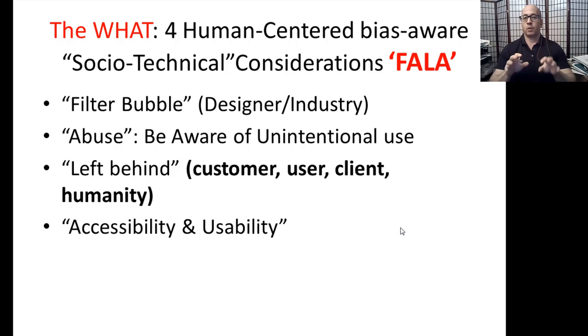Filter bubble. So you want to make sure that you consider what are you missing when you design something because of the filter bubble. Abuse. Beware of unintentional use of your app, product, concept, or idea. And that's something that you really do have to explore, not just for humanistic reasons, but for lawsuit reasons and others.